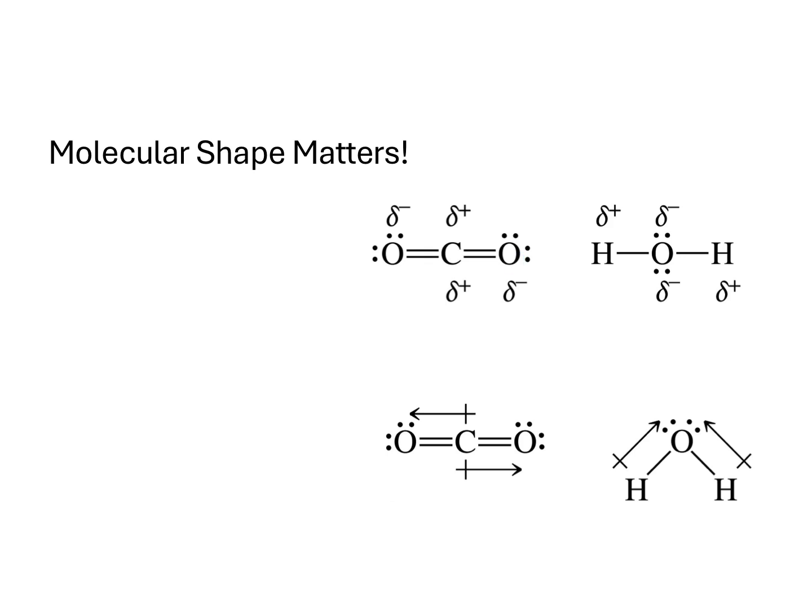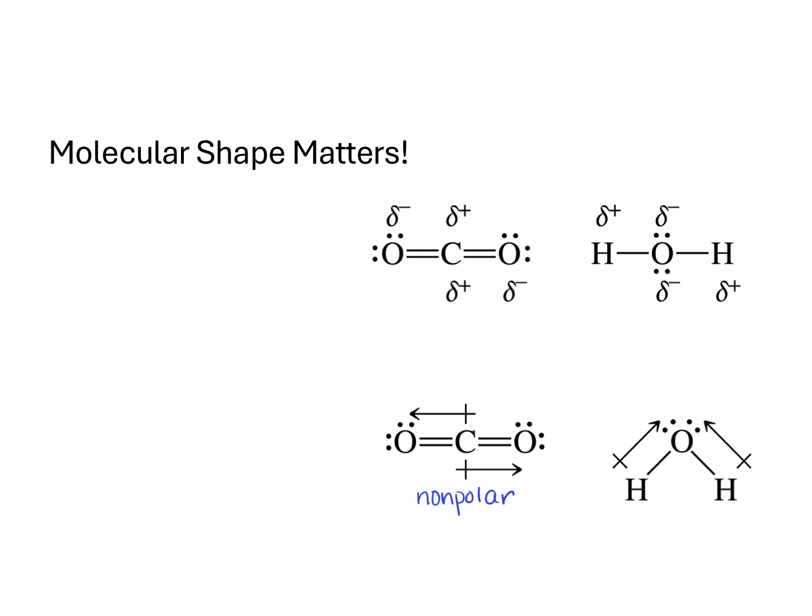So this is a polar bond and this is a polar bond. But because this is a linear molecule, each of these are being pulled equally. So the electrons are being pulled equally in this direction and equally in that direction. And you can see that shown here. And so what that means is that it is going to be nonpolar.